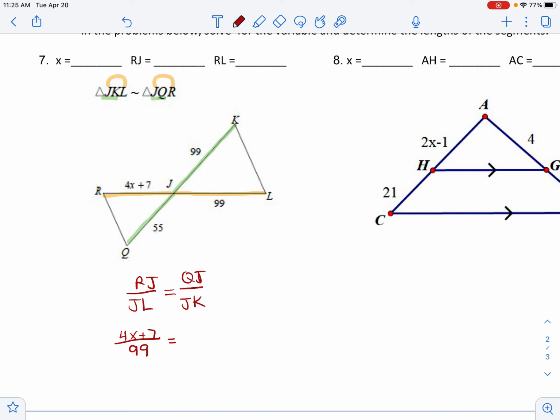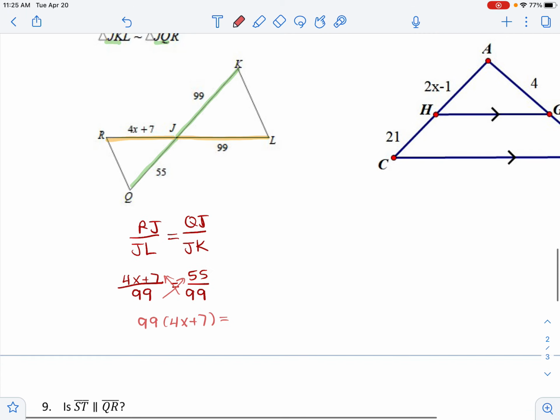Equals JQ, which is 55, over JK, which is 99. And I'm going to go ahead and cross multiply here. I get 99 times 4x plus 7 equals 99 times 55, which is 5,445.